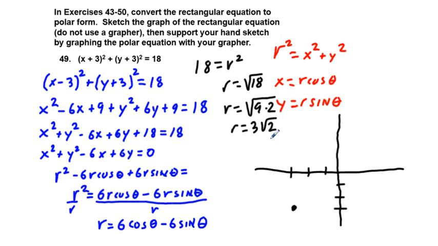Square root of 2 is about 1.4, and so 3 times that is about 4.2. So we're going to have a radius a little bit bigger than 4, something like this circle. I don't know if it crosses the origin exactly, but that's roughly what it's going to look like.